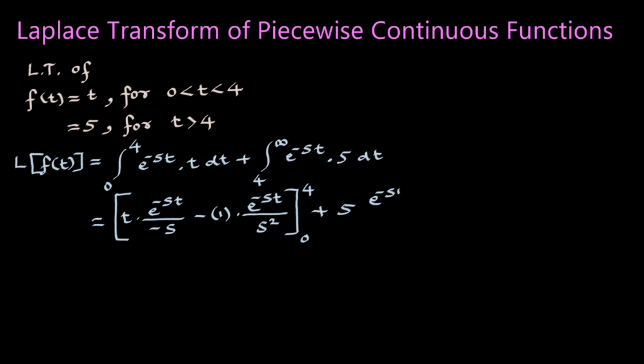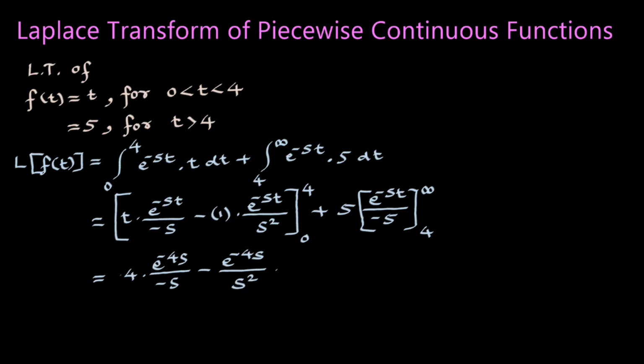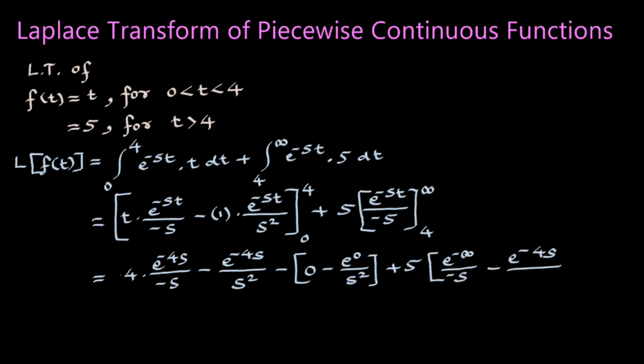which is 4 into e raised to minus 4s upon minus s, minus e raised to minus 4s upon s square, minus 0, minus e raised to 0 upon s square, plus 5 into e raised to minus infinity upon minus s, minus e raised to minus 4s upon minus s.